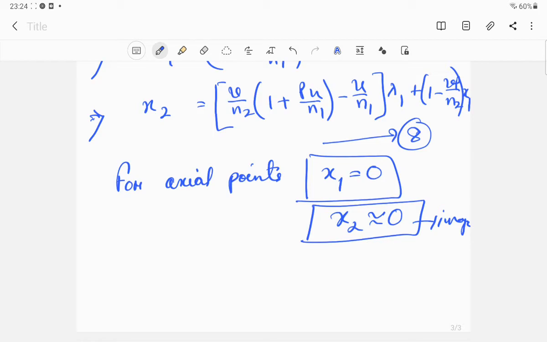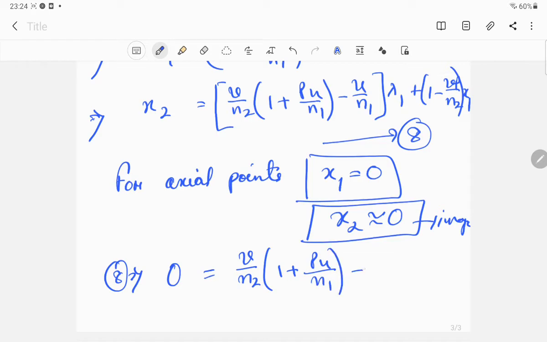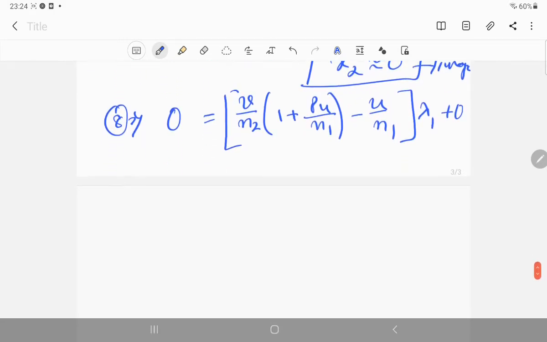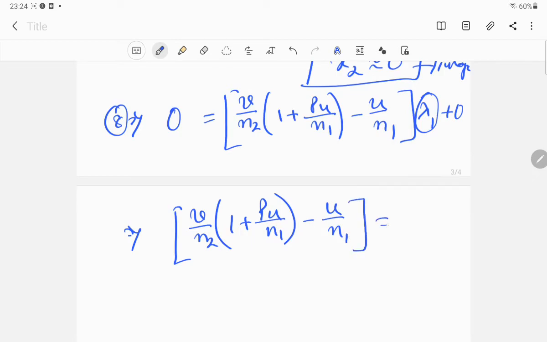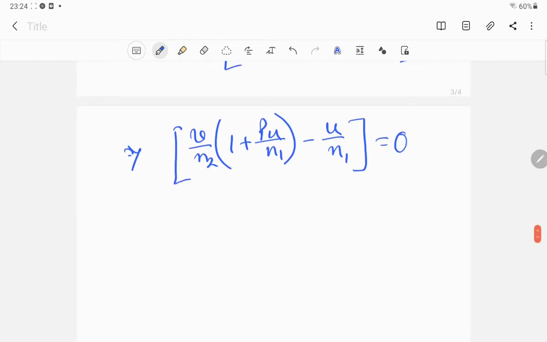It cannot be beyond that. So what it implies then is 0 equals v by n2 into 1 plus pu by n1 minus u by n1, lambda 1 plus 0. You are applying some boundary condition only, you are not generalizing it. So lambda 1 cannot be equal to 0, so the only option is v by n2 into 1 plus pu by n1 minus u by n1 equals 0.